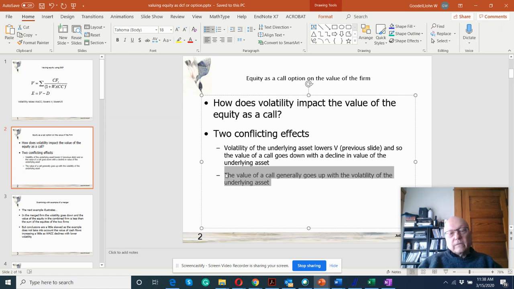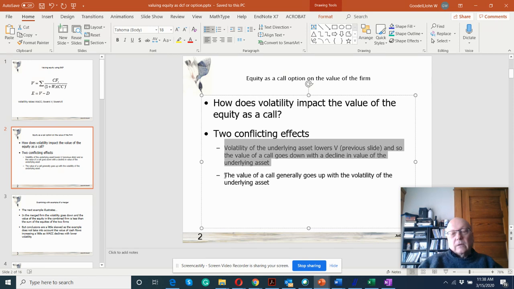So there are two conflicting effects, and this is sort of similar to what we described before. The volatility of the underlying asset lowers V, and so the value of a call goes down with a decline in the value of the underlying asset. So on the one hand, volatility lowers the call by impacting the underlying asset.